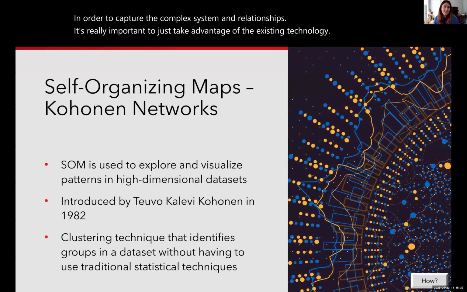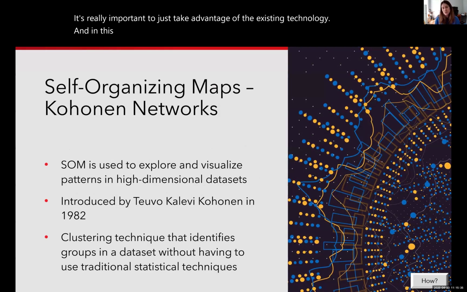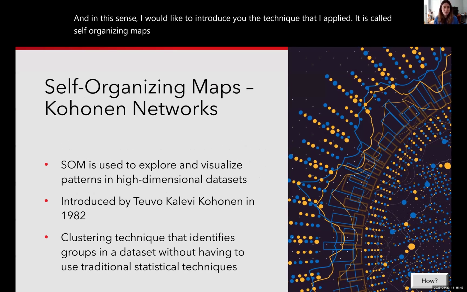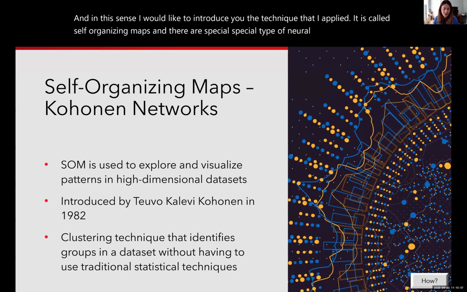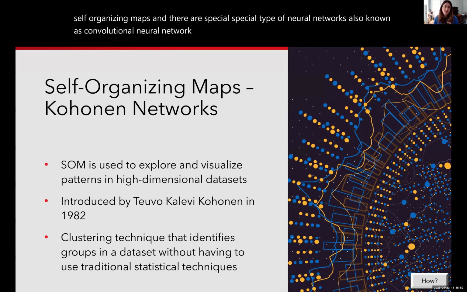And in this sense, I would like to introduce the technique that I applied. It is called self-organizing maps. They are a special type of neural network, also known as convolutional neural network, and they are used to explore and visualize the patterns in high-dimensional data sets.